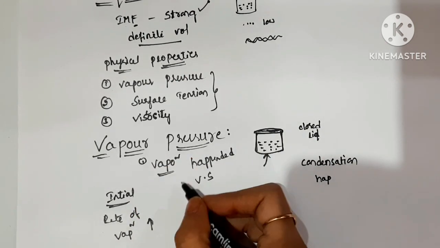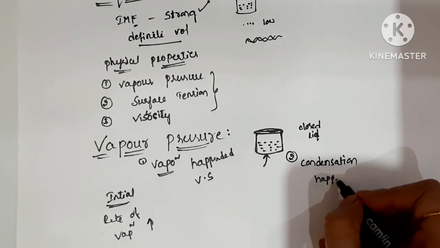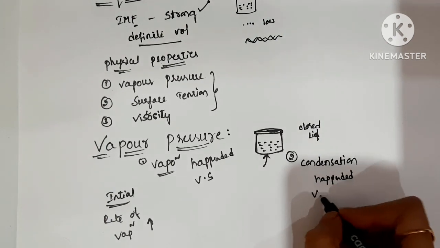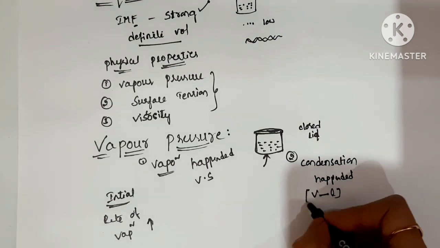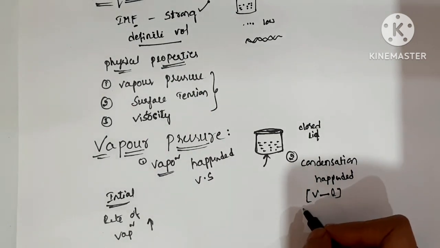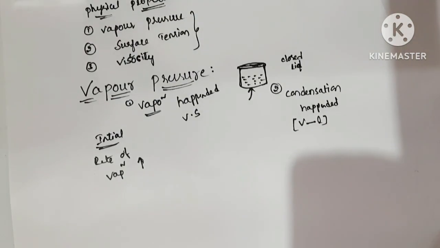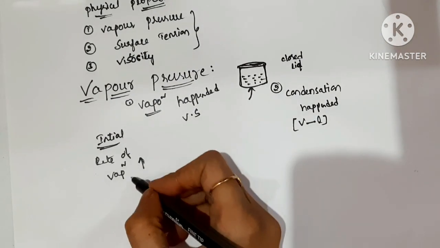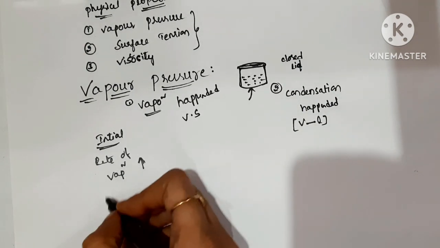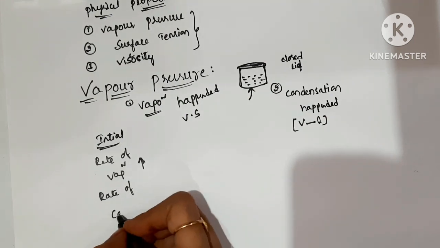In the first stage, vaporization happened. In the second stage, condensation happened. Condensation means vapor state to liquid state, the process of converting vapor state to liquid state. At the initial state, the rate of vaporization is very high and the rate of condensation is very low.